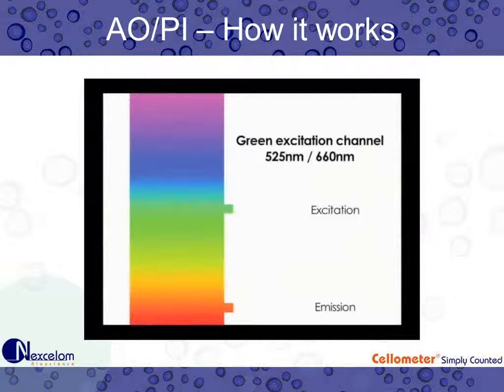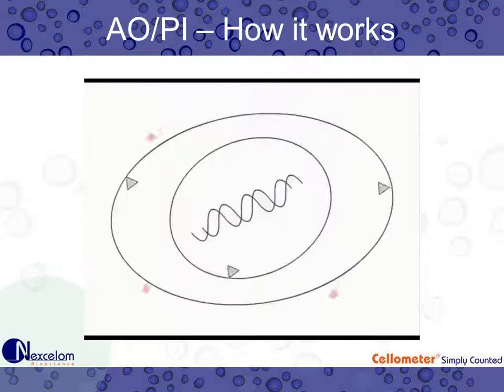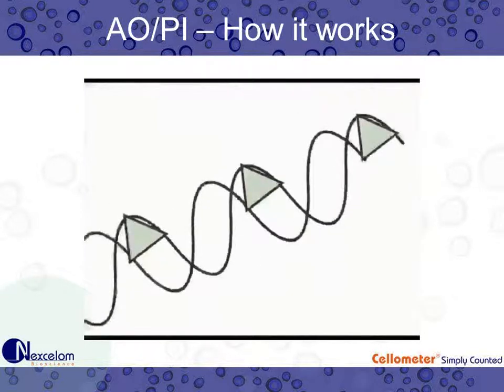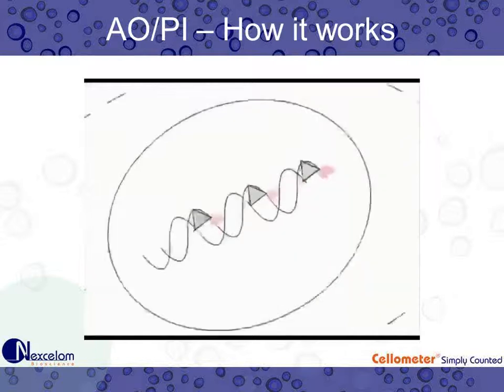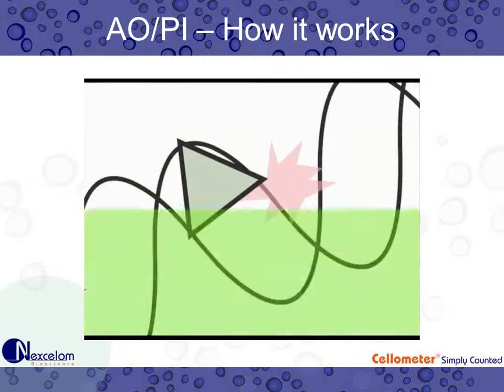Channel 2 of the Cellometer has green excitation to detect red emission. Live cells exclude PI. Without its DNA binding, there is no detectable red light from live cells. For a dead cell, PI enters the damaged cell membrane and binds to its DNA, producing a very strong red fluorescence.